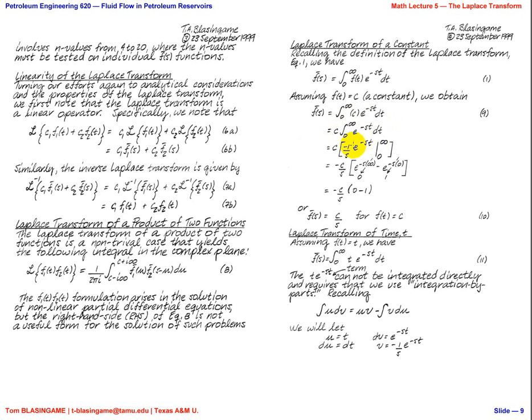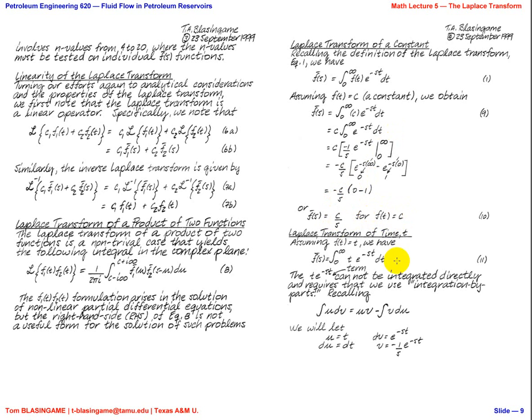So you perform the integral, which is minus the exponential function over s, evaluating in the limits from 0 to infinity. All this goes to 1, and then you deduce that the Laplace transform of any constant is that constant divided by the Laplace variable s. Okay?